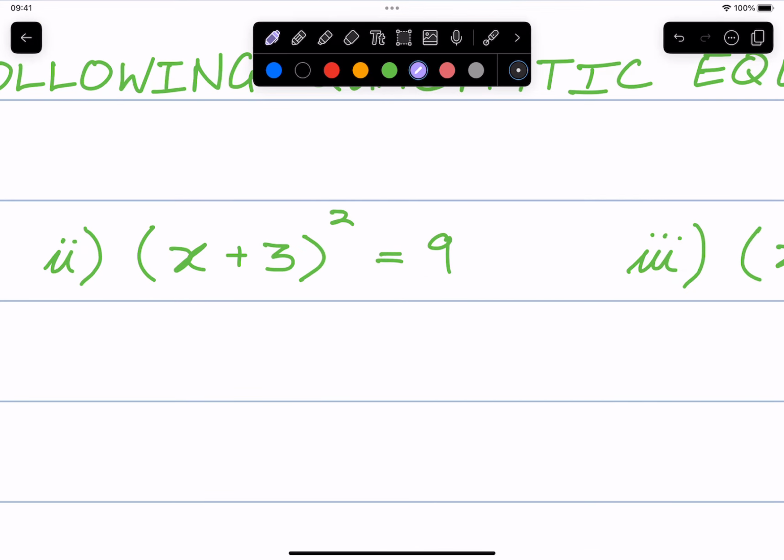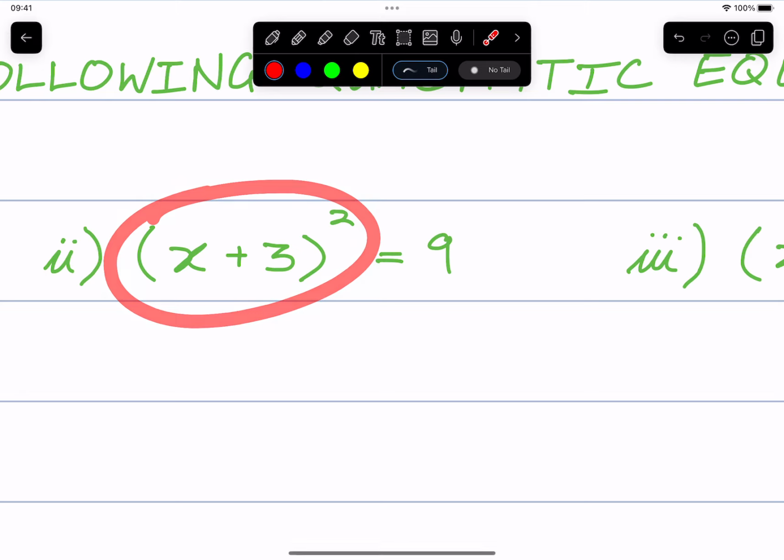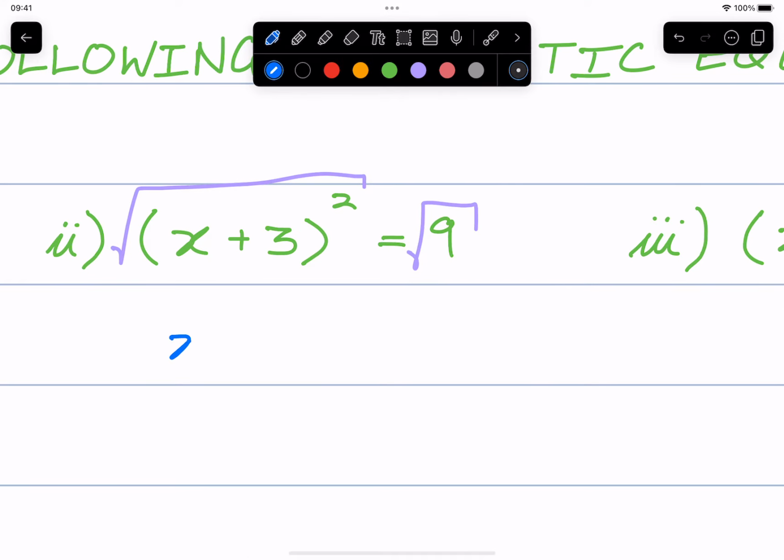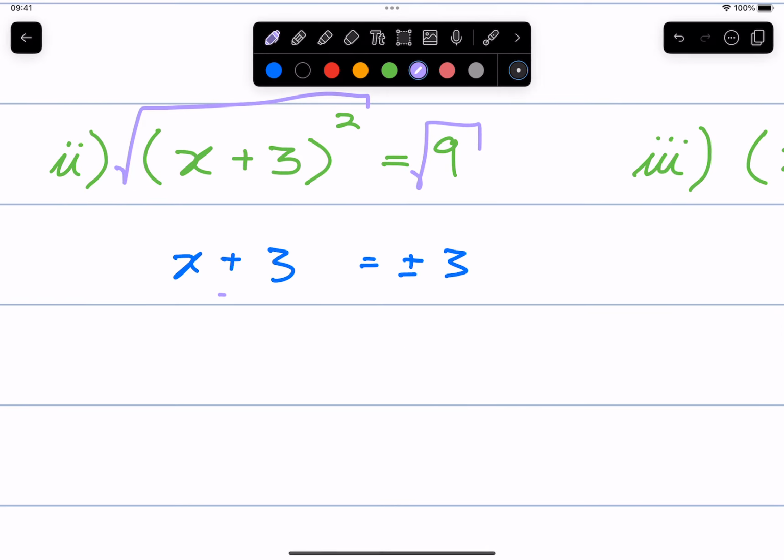Okay, so once again, the square is by itself, so we can take the square root. This is now going to give us x plus 3 equals plus minus 3. For this, we're going to subtract 3 from both sides. This will give us x equals negative 3 plus minus 3.